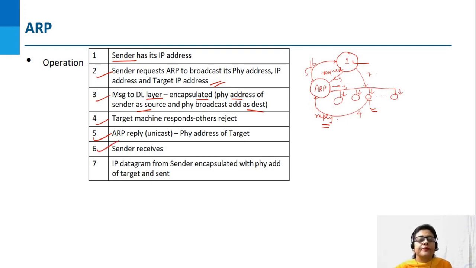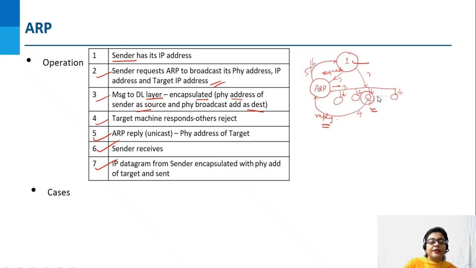Point 6, the sender receives it and can then directly send the IP datagram, encapsulated with the physical address of the target, to the target device. So this is the operation of ARP.